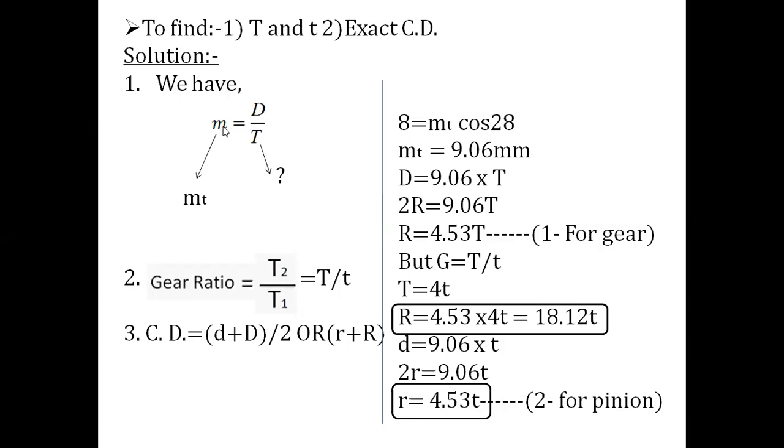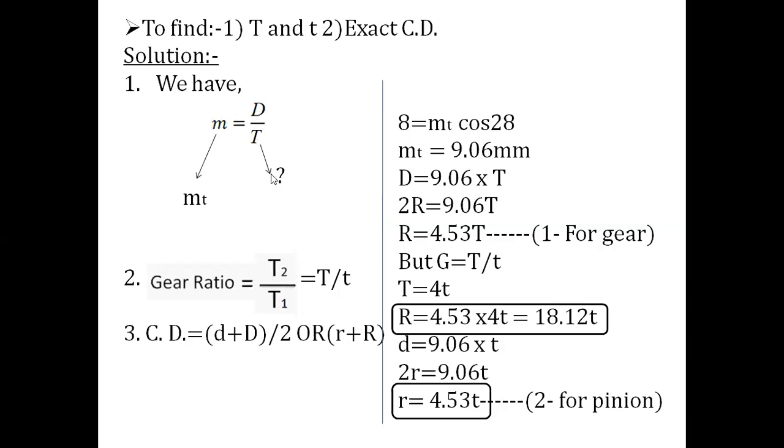It is a transverse module because it is in the transverse plane. So this is mt is equal to d by t. In this case we have to find capital T and small t.